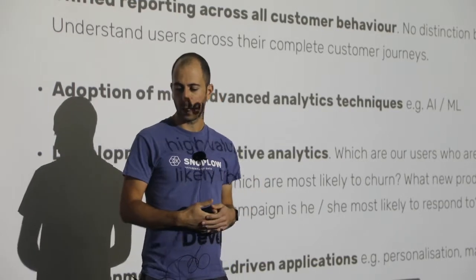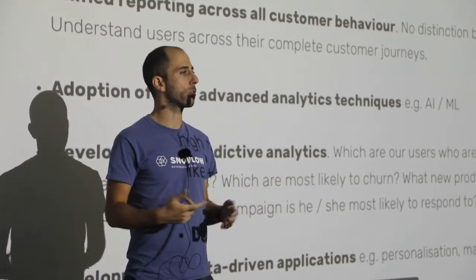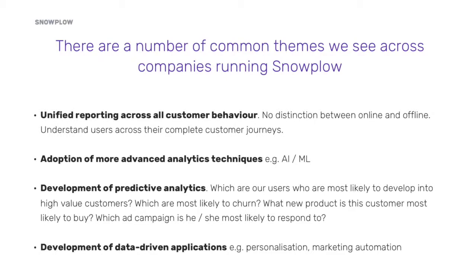And if we look at these guys, we see a number of common themes across what they're trying to do. So one is, these companies are often trying to do unified reporting across all their different platforms and channels. So we've been working with The Economist in the UK for months, maybe years now, and they very simply want to understand how engaged their users are.